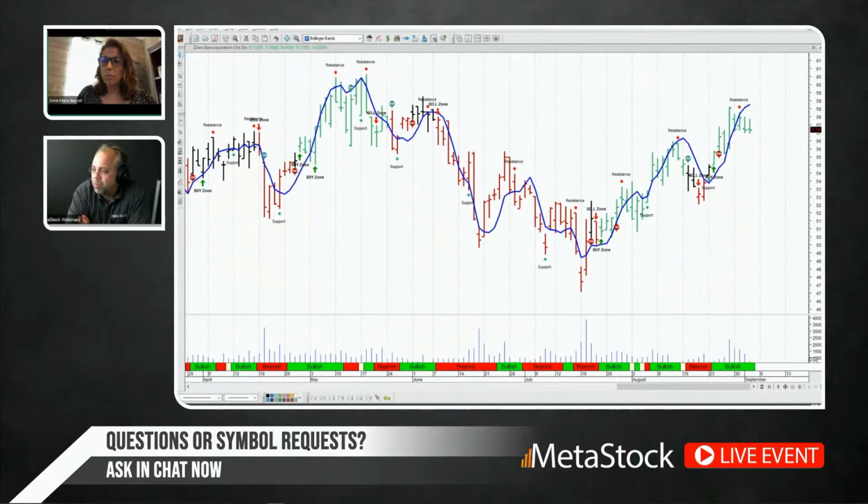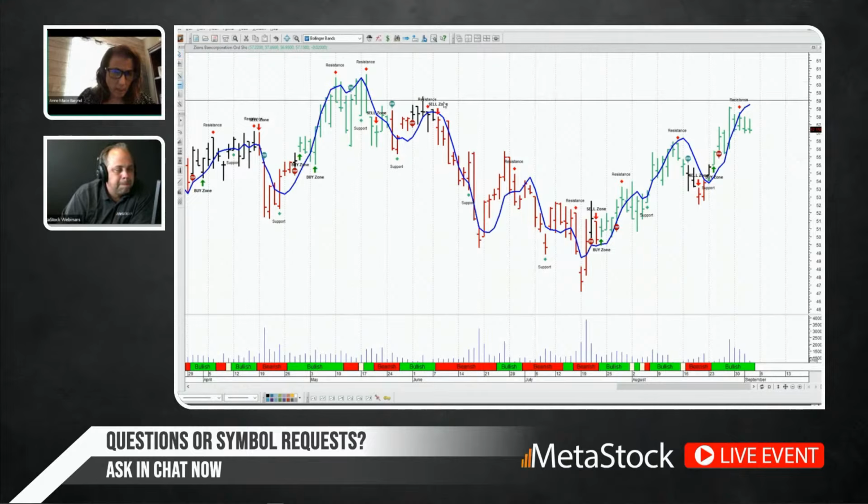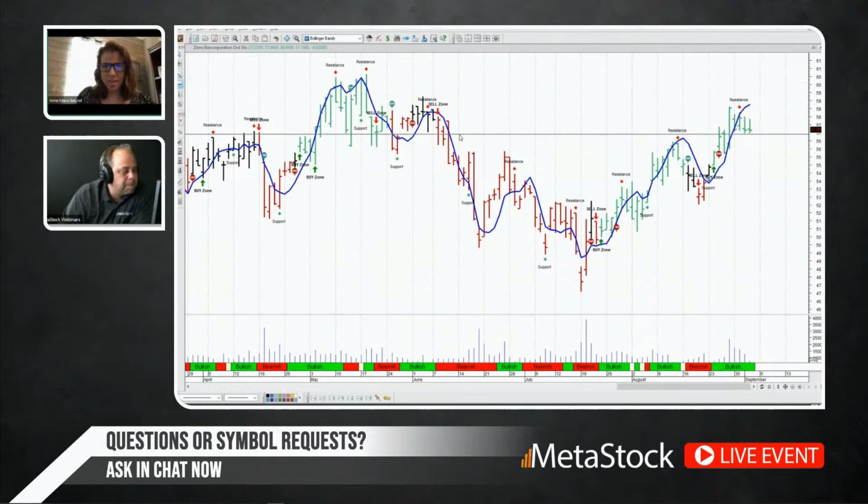So my thought is here, old resistance, we're coming into the same kind of resistance edges as we did back in June. We're sitting right on those same edges. A revisit to 52.50 or 53 might not be out of the question, right?